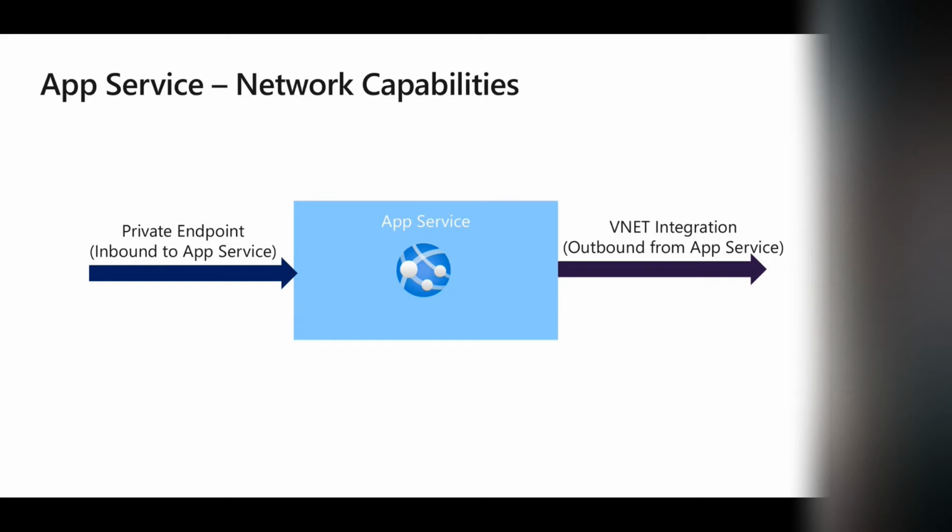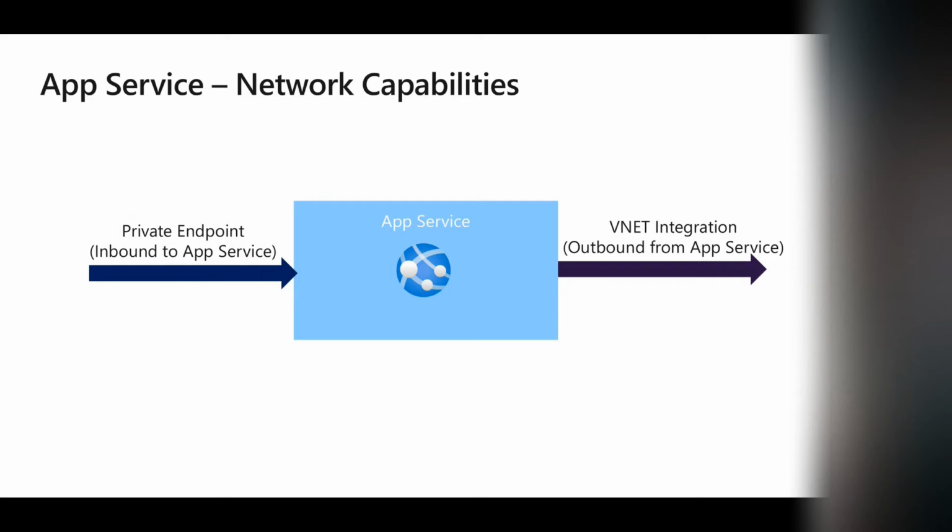One is more on the front end side, where you have private endpoint. It allows you to access an app service over a private IP. So you have an app service running somewhere in a multi-tenant environment, and you create a private endpoint to it. At that moment, you can access that app service from that VNet over a private endpoint.